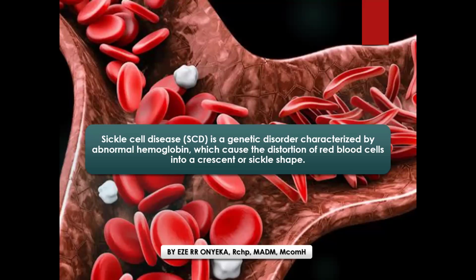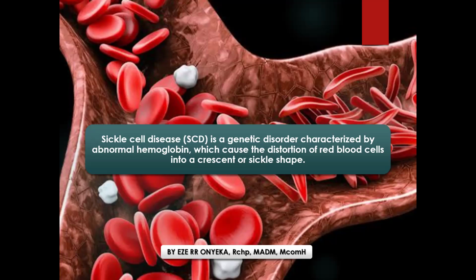When we say qualitative abnormalities, we are referring to those changes that happen to the globin chain. Remember, it's only on the globin chains. This means that the hemoglobin molecules might be present but are not working properly.